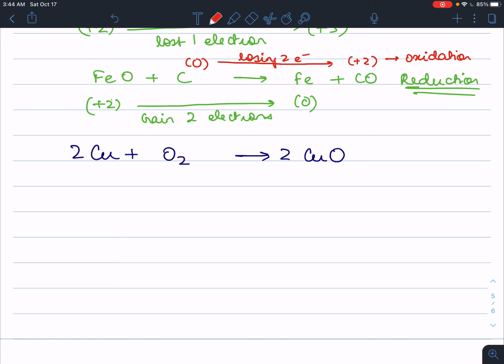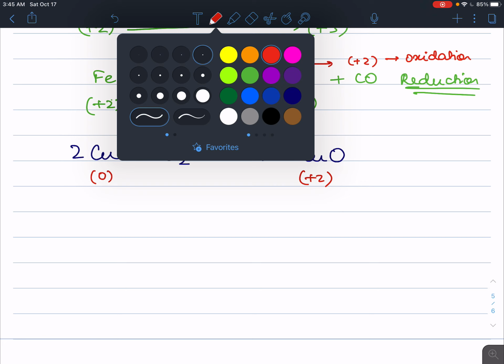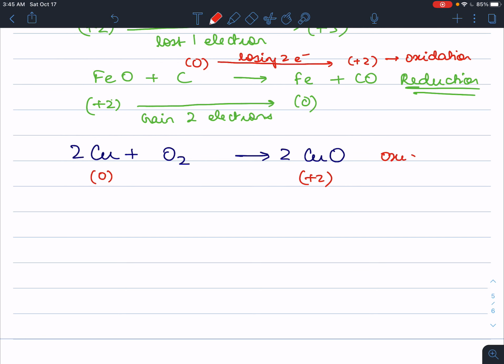Over here, copper is not charged, so it is 0. What about here? Oxygen is 2 minus, so copper has to be 2 plus. So copper is undergoing oxidation because it is losing electrons. This is an oxidation reaction.